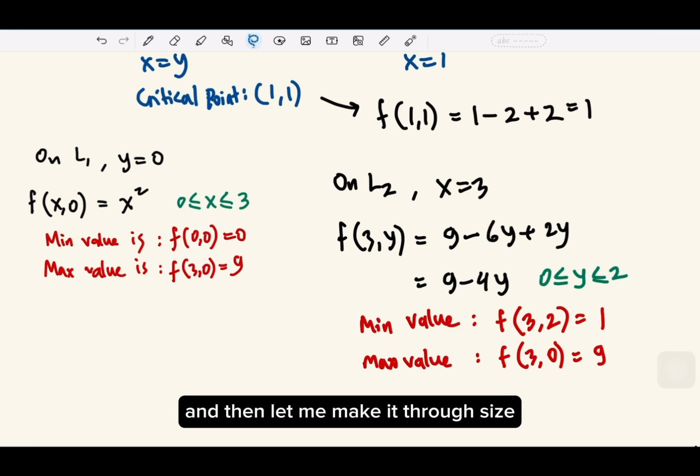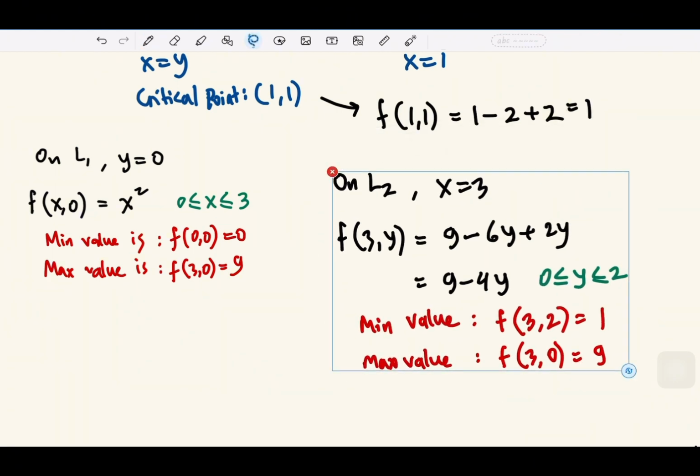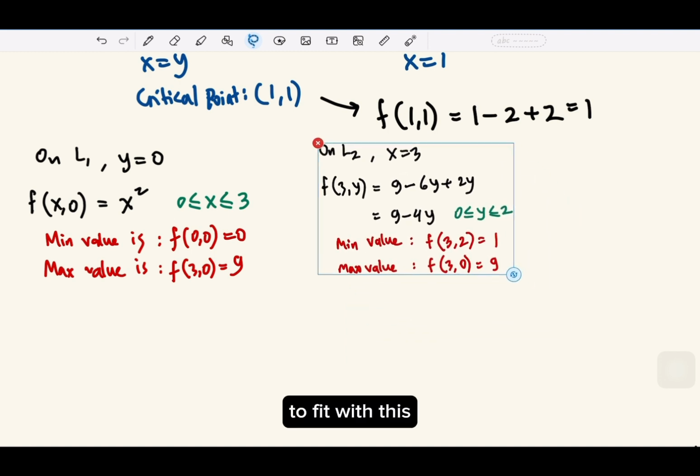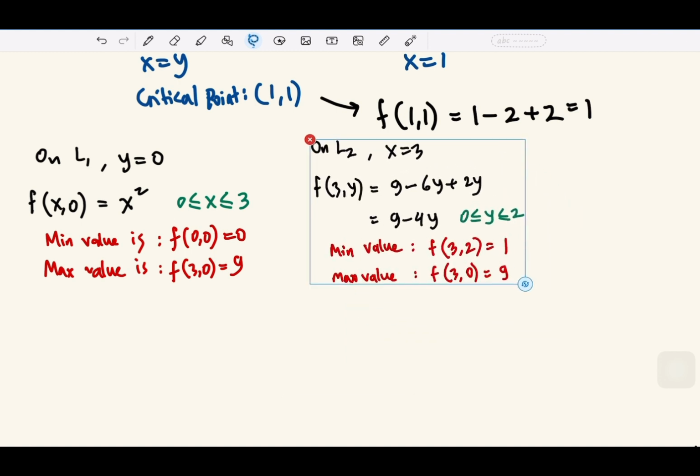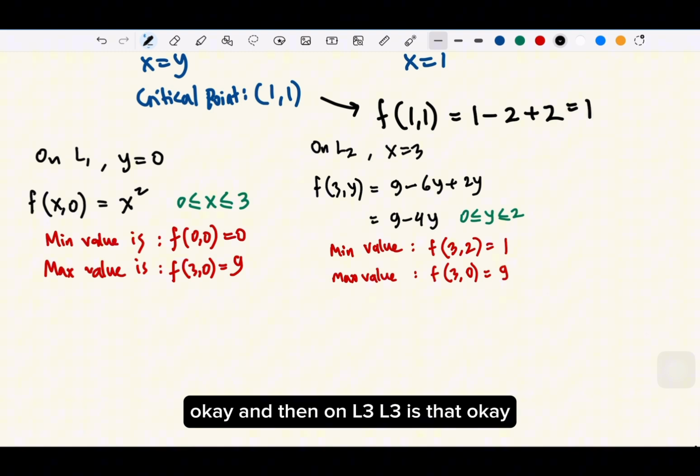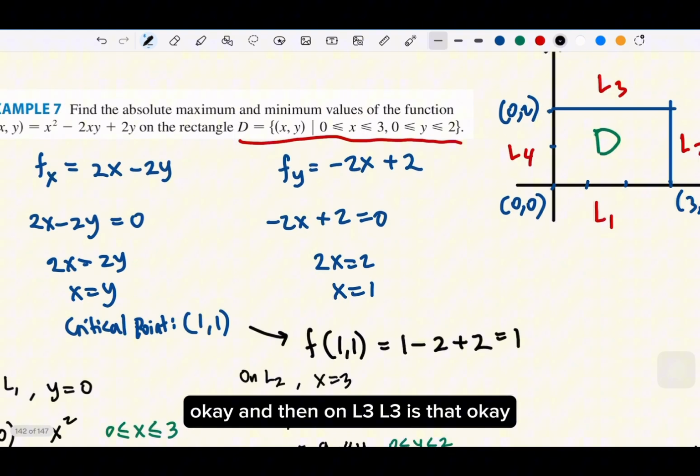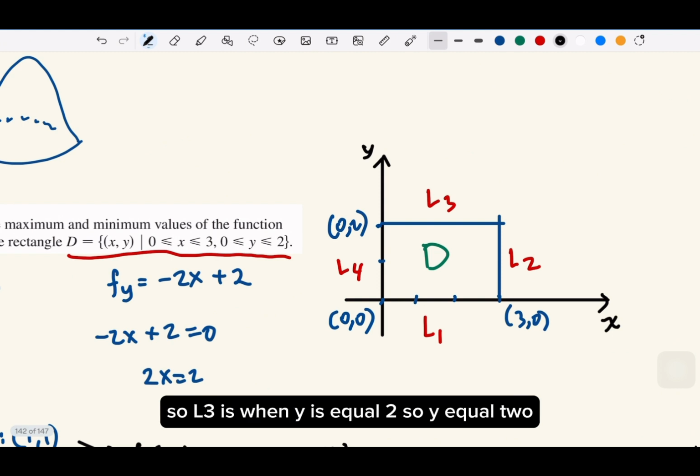And then let me resize this a little bit smaller, so it fits. Okay, and then on L3, y is equal to 2.